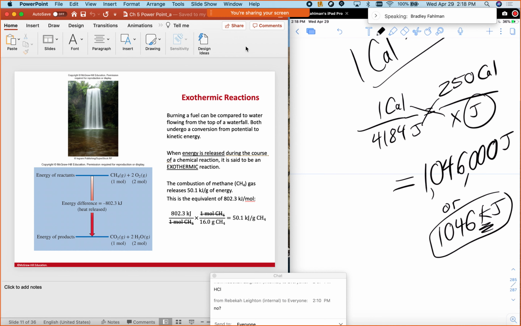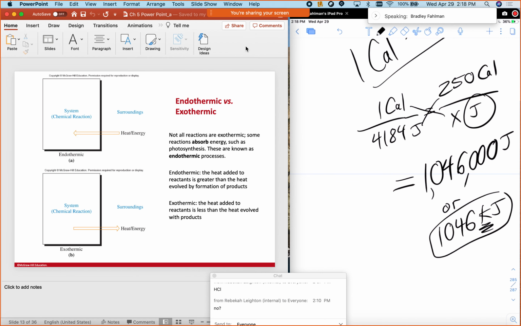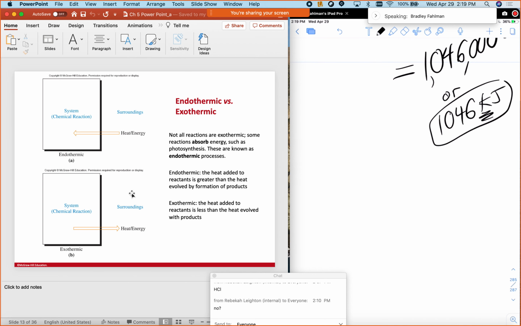You should know the difference between endothermic and exothermic. So this slide is really important. So knowing that if heat is flowing into a system from the surroundings, that's endothermic. If it's flowing out, it's exothermic. And then knowing the difference between the signs. So if you have a reaction happening and you have plus 36 kilojoules per mole, this positive means it's endothermic.